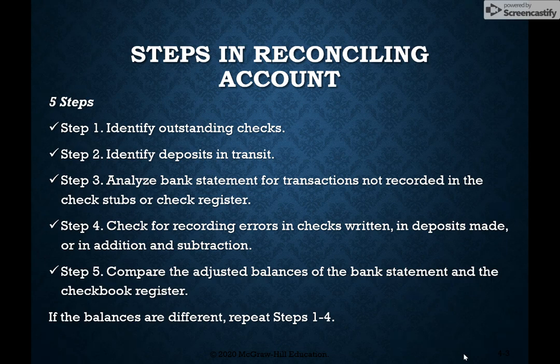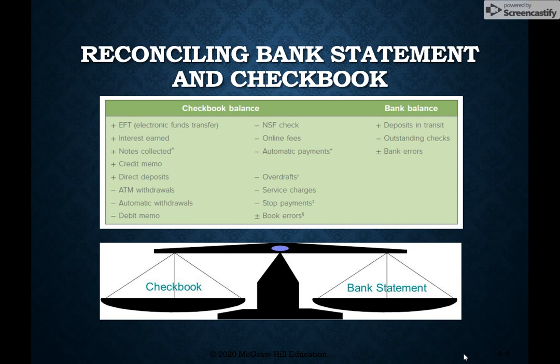So in summary, again without memorizing everything, we can sum up those 4 steps. You look at the bank balance at the beginning and the checkbook balance. What is going to affect the bank balance, of course, is the deposit in transit.